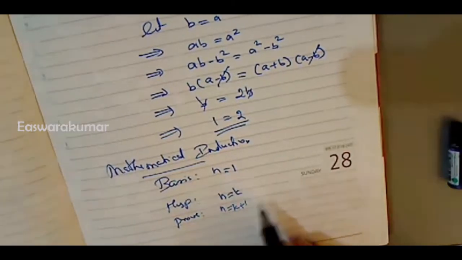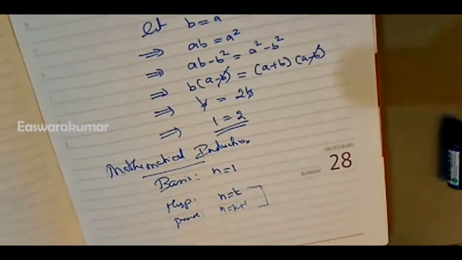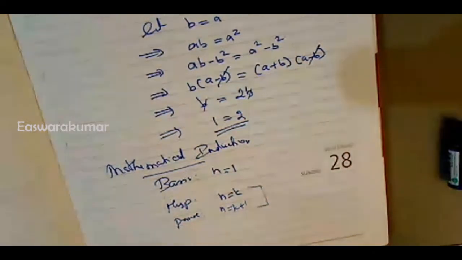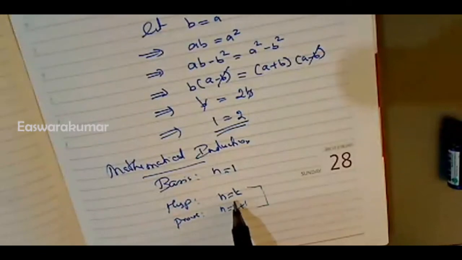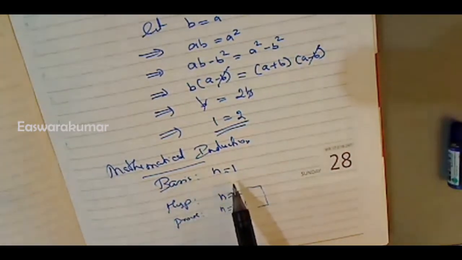You see, when you take these two steps, what are we actually doing? The hypothesis, this assumption: if you think the statement is true for n is equal to k, and based on that we prove it for k plus 1. Already we proved it for n is equal to 1.